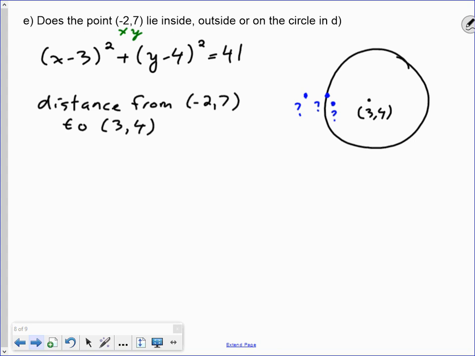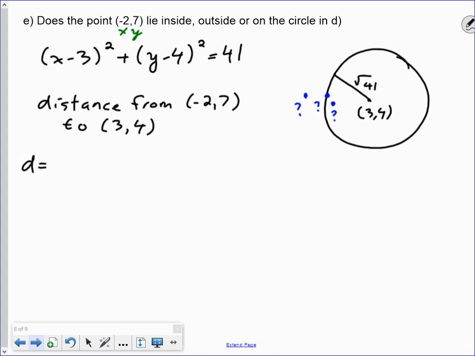If that distance is less than the radius, we know that it has to be inside the circle. If this distance is greater than the radius, we know that it has to be outside the circle. That radius is root 41. So let's work out what that distance is going to be.